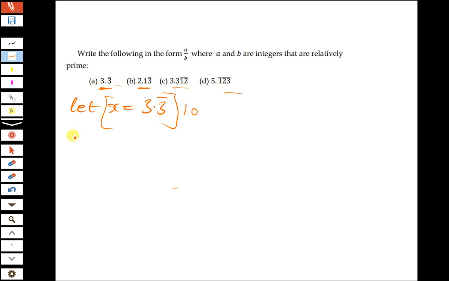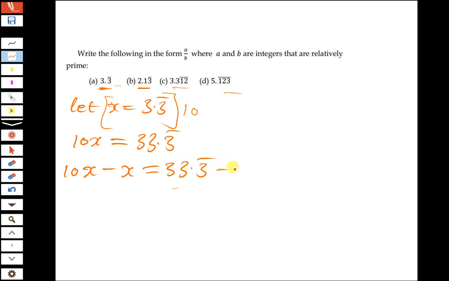So 10 times x, we get 10x is equal to 10 times 3.3 bar, which is just 33.3 bar.